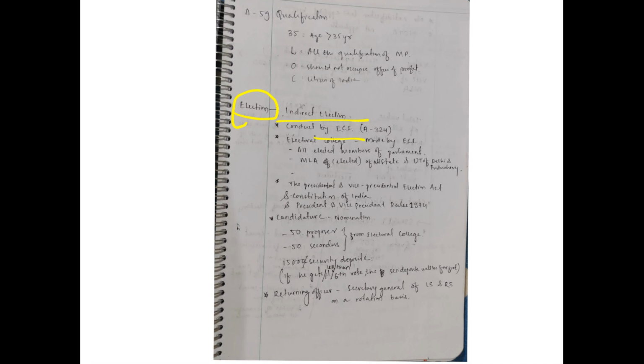By Election Commission of India, and what's in the electoral college? All the elected MLAs of all the states and union territories of Delhi and Pondicherry, and here are all the elected MPs of Rajya Sabha and Lok Sabha.